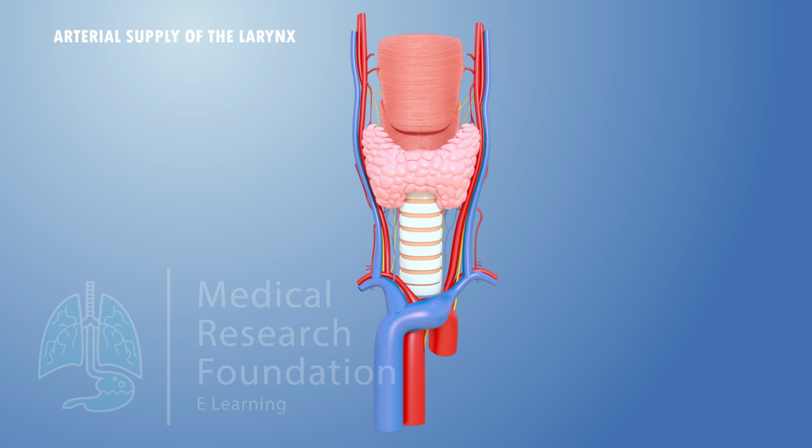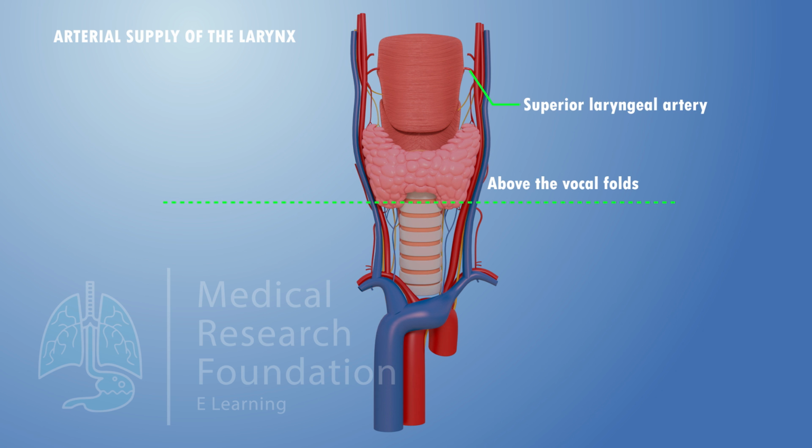Arterial supply of the larynx. The arterial supply of larynx is as follows. Above the vocal fold, by superior laryngeal artery, a branch of superior thyroid artery. Below the vocal fold, by inferior laryngeal artery, a branch of inferior thyroid artery.